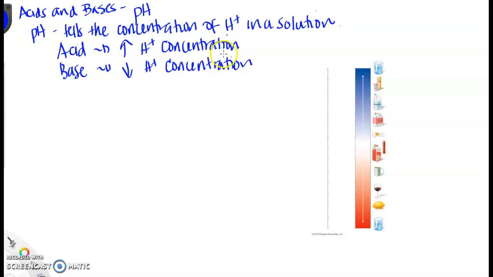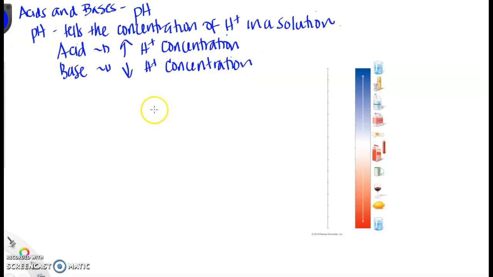So to know how acidic or basic something is, you have to basically quantify the number of hydrogens that are in it. And keep in mind that hydrogens are really tiny, okay? So they're so tiny that it's hard to quantify them, it's hard to count them.